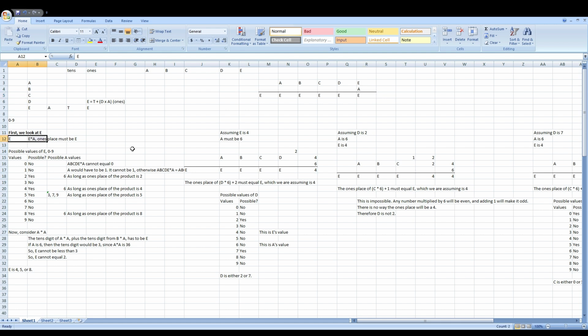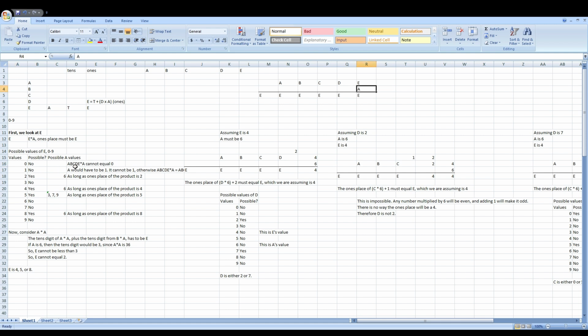Given that is a great starting point, we'll start with going down the possible values. From 0 to 9, we're just going to go through, and I've listed it out here, which values are possible. So is 0 possible for A?